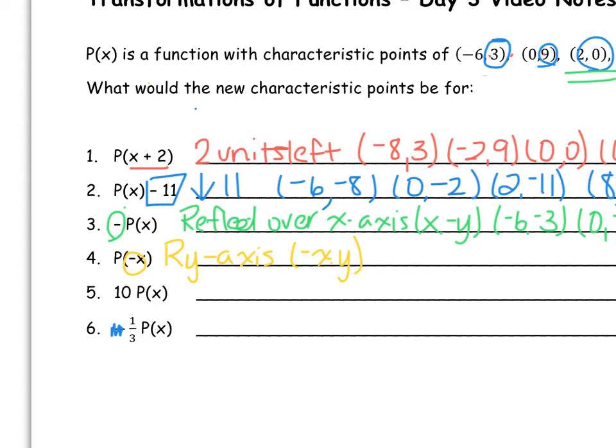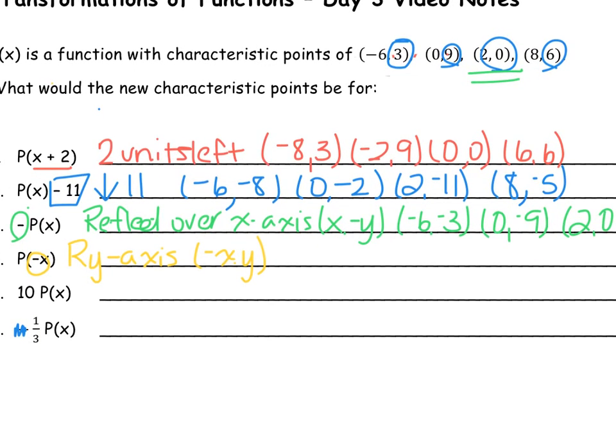So head back up to our characteristic points. Negative 6 becomes 6, and the y stays the same. 0 and 9 will also remain the same because a negative 0 is just a 0. The opposite of positive 2 is negative 2, y stays the same, and then negative 8, 6.